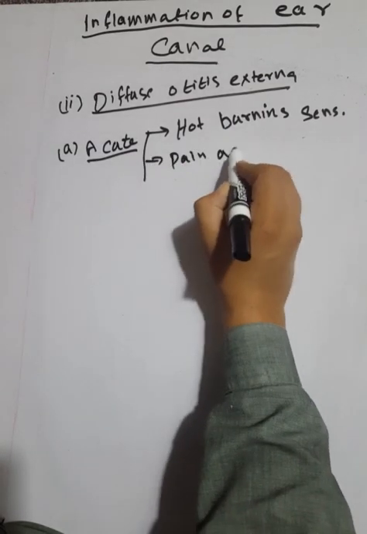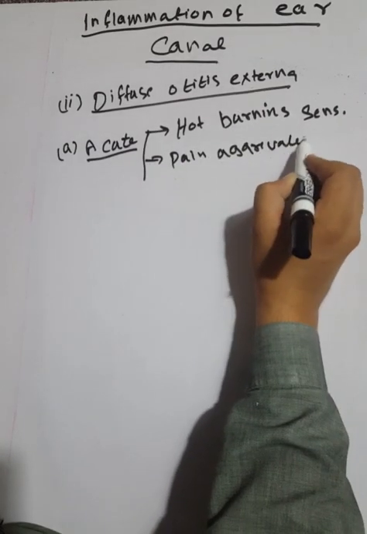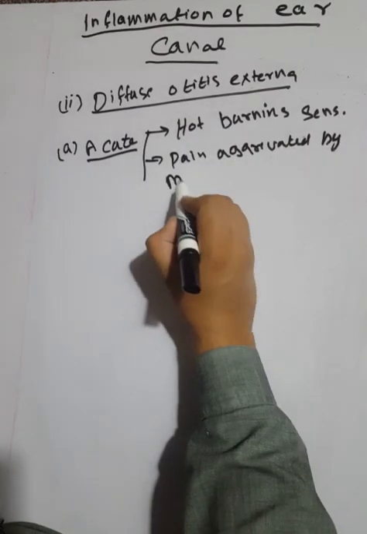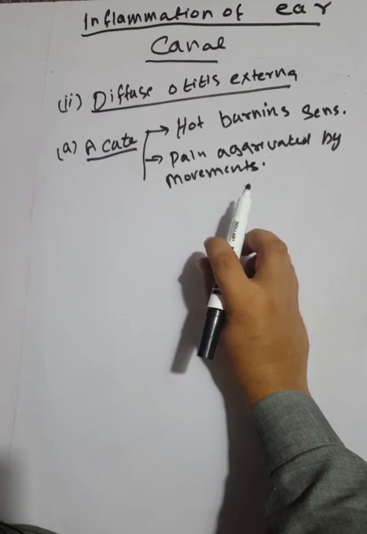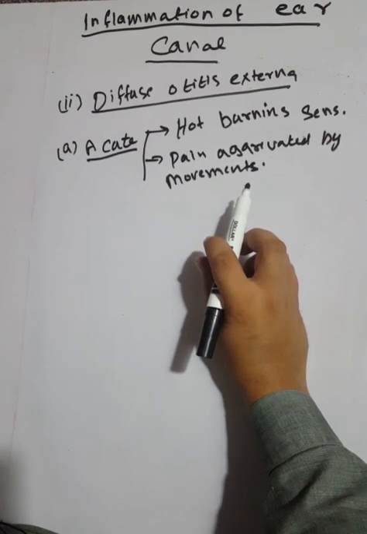There is also oozing of thin serous discharge which becomes thick and purulent.